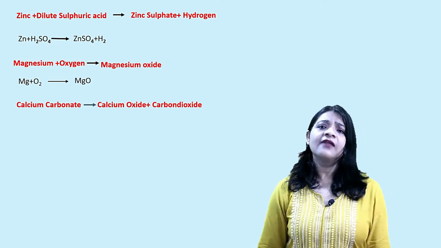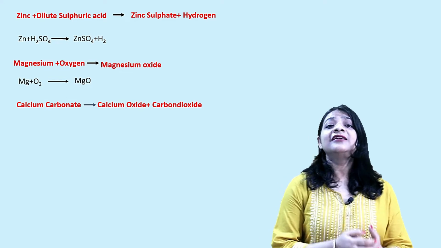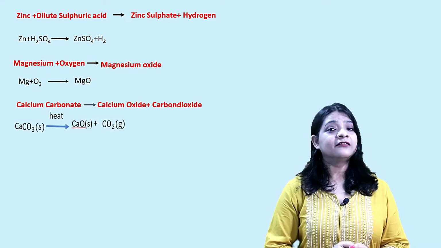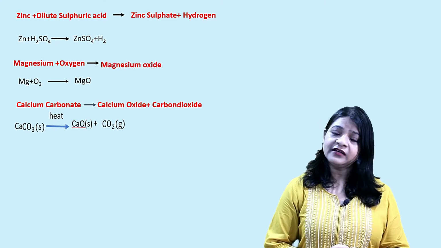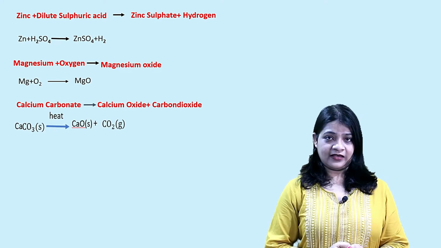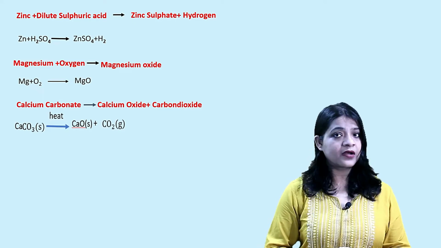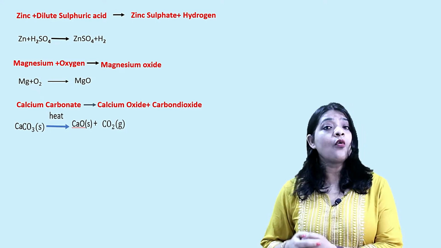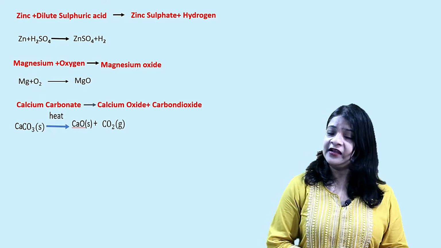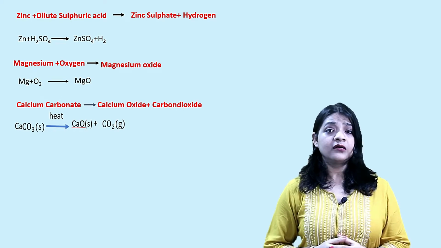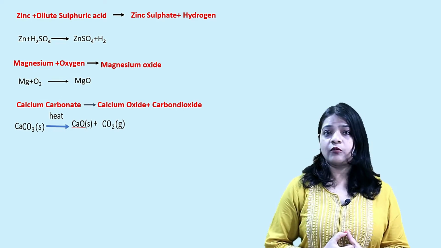Now let's take another example, calcium carbonate. When it is heated, it gets converted into calcium oxide plus carbon dioxide gas. So CaCO3 here stands for calcium carbonate, CaO stands for calcium oxide, plus CO2 stands for carbon dioxide.